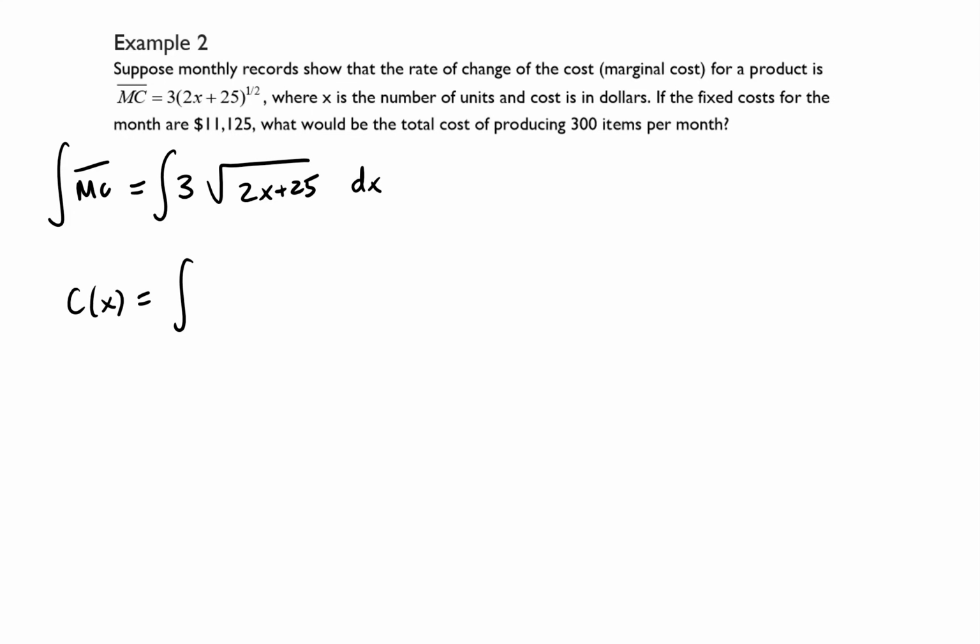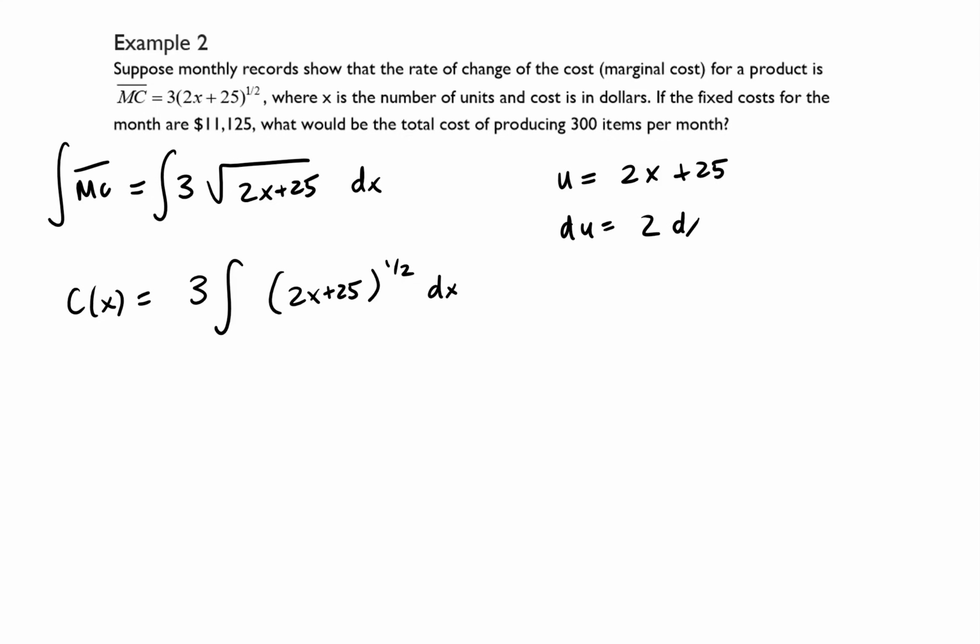So I'm going to pull out the 3. Let's write it with the 1/2 exponent. We're going to need to use u substitution, so I'm going to set u equal to 2x plus 25, and then du will equal 2 dx, and then I'm going to divide both sides by 2, and we get du over 2 is equal to dx.